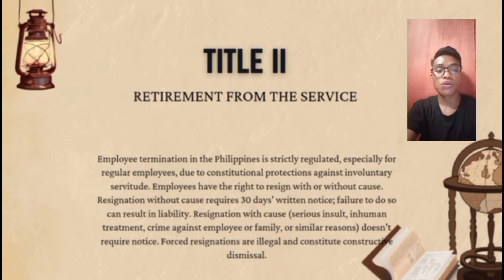Failure to do so can result in liability. Resignation with cause, such as serious insult, inhuman treatment, crime against the employee or family, or similar reason, doesn't require notice. Forced resignations are illegal and constitute constructive dismissal.